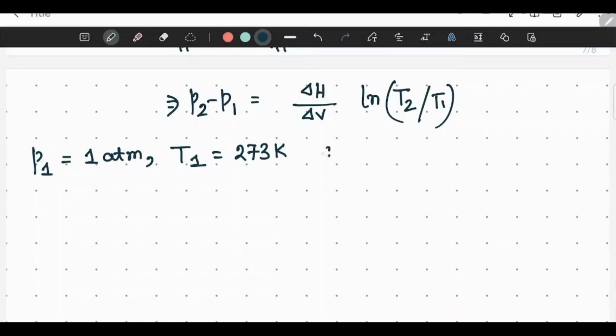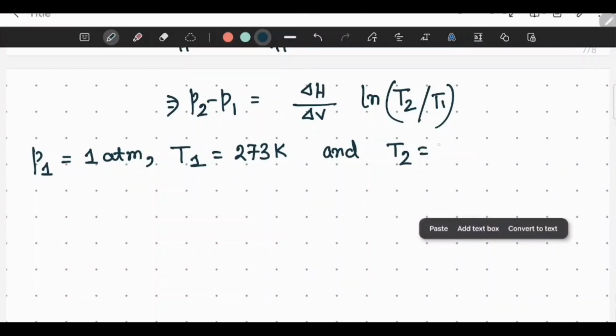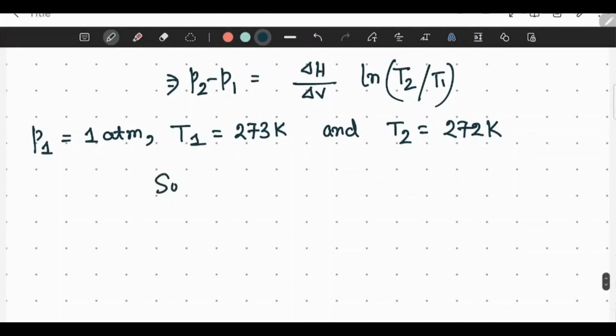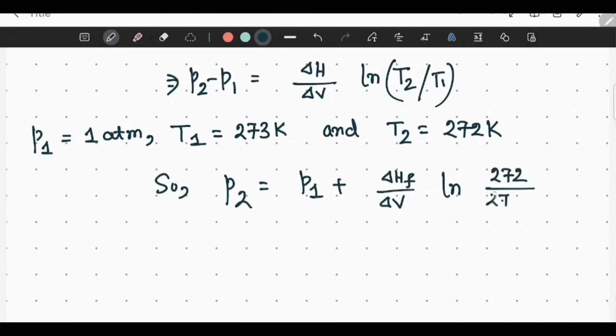And now we want that ice melts at minus 1 degree centigrade. That essentially means that T2 is 272 Kelvin, right? So P2 will be P1 plus del H by del V, and this del H is essentially del H_F. So it is ln 272 by 273.